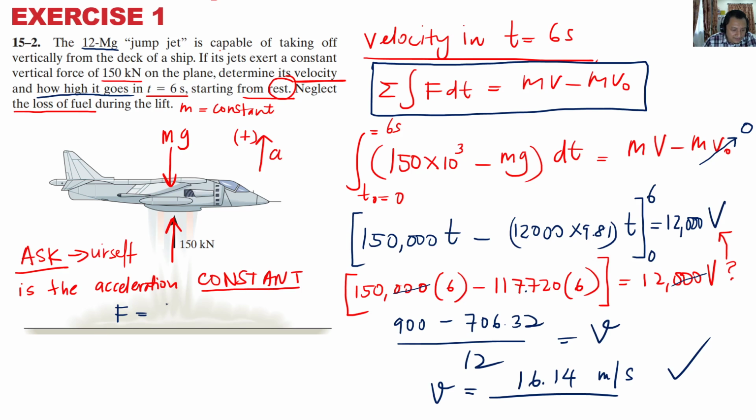F is equal to ma. Is the force constant? 150 kilonewton. Right, it's constant. F is equal to 150. F is not equal to 150 t squared. If F were equal to 150 t squared, it would depend on time. You would have this time domain here, so every second the force changes, but that's not the case.